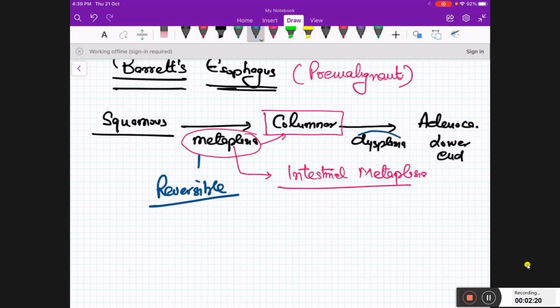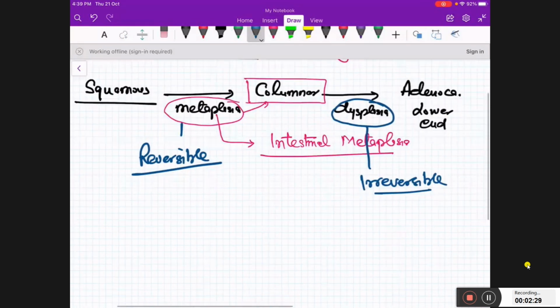But once dysplasia develops, it is an irreversible change. And this dysplasia will become a malignancy, and carcinoma esophagus is a very aggressive malignancy. So we should not let this metaplasia progress to dysplasia.